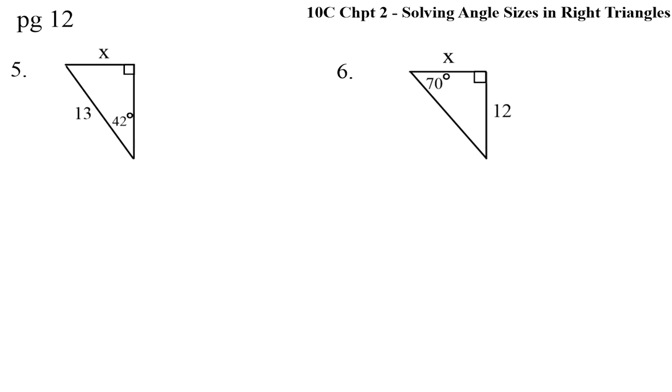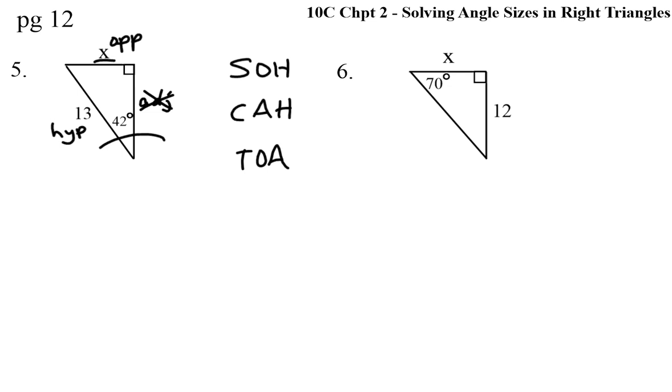All right, here we go. So what we are looking at now, choose your reference angle. Trying to find x, so I'm going to use 42. Across from the 42, opposite the reference angle is opposite. Opposite the 90 is hypotenuse. Adjacent, we don't need it. We're not trying to find it. It doesn't have anything. So, SOH CAH TOA, there's your choices. Hypotenuse, opposite, we're using sine.